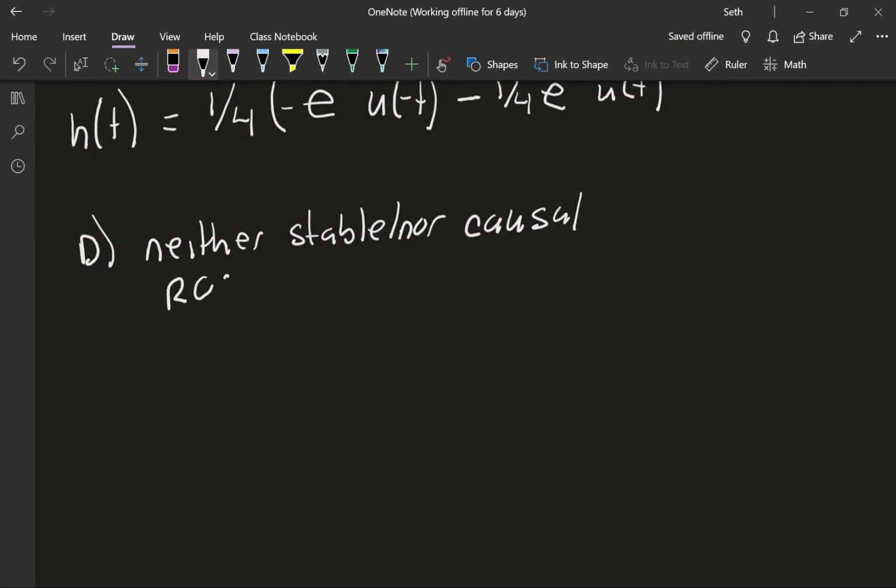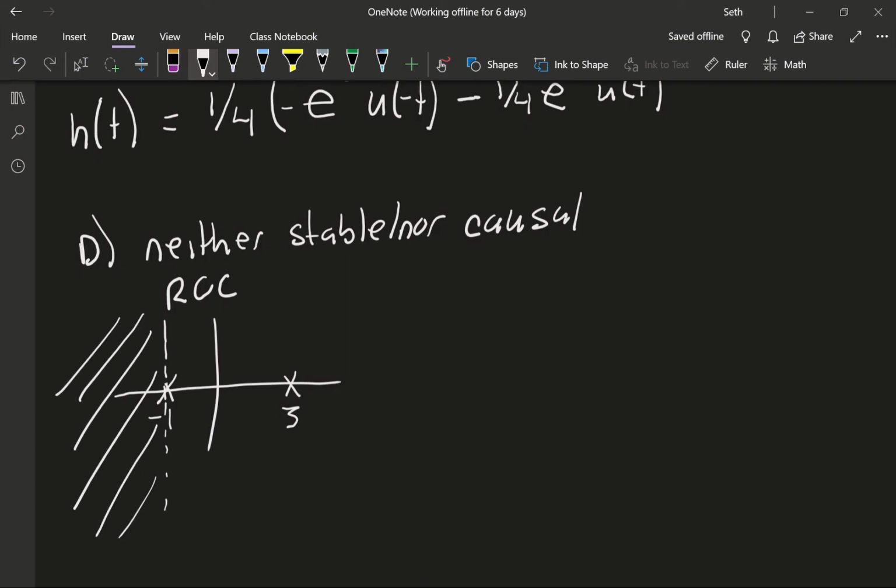So then the ROC is the left half of the plane to the leftmost pole, so that is going to look like this. Remember, -1 is not included because it's a pole.